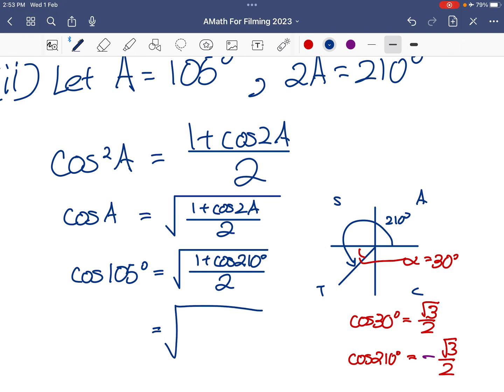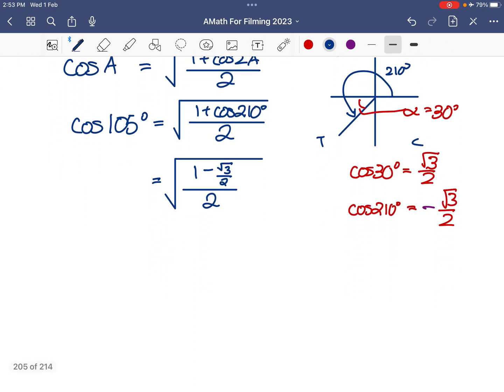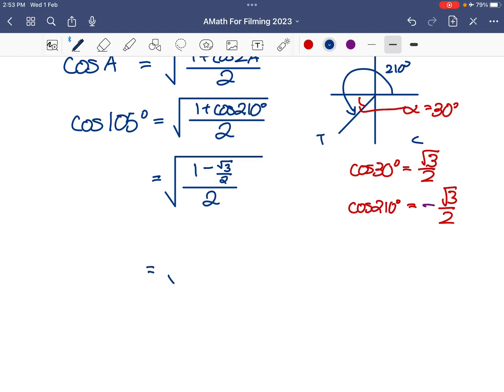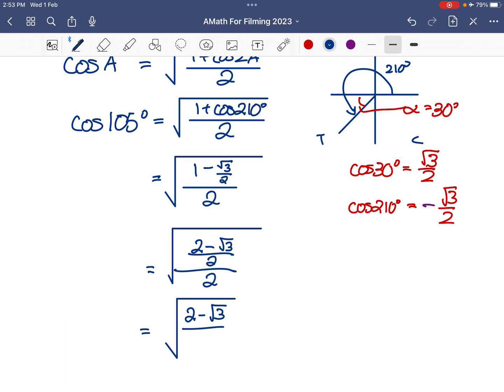Therefore, what we have here is cosine of 105 is the square root of 1 minus square root 3 over 2, divided by 2. Then I continue to simplify. What I get is (2 minus root 3) over 2, divided by 2, equals the square root of (2 minus root 3) over 4.